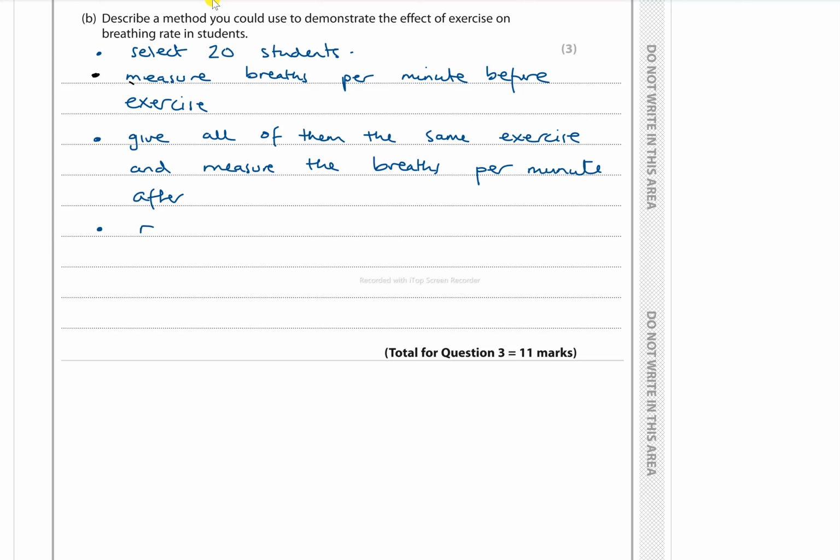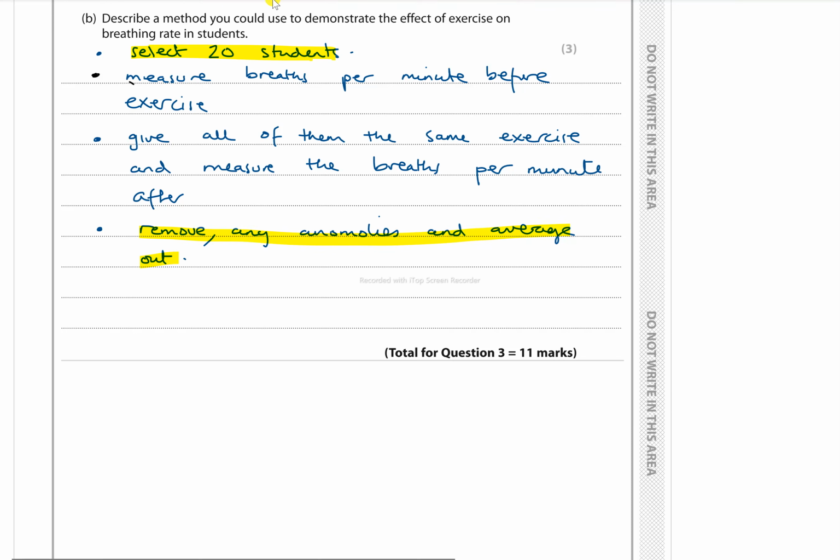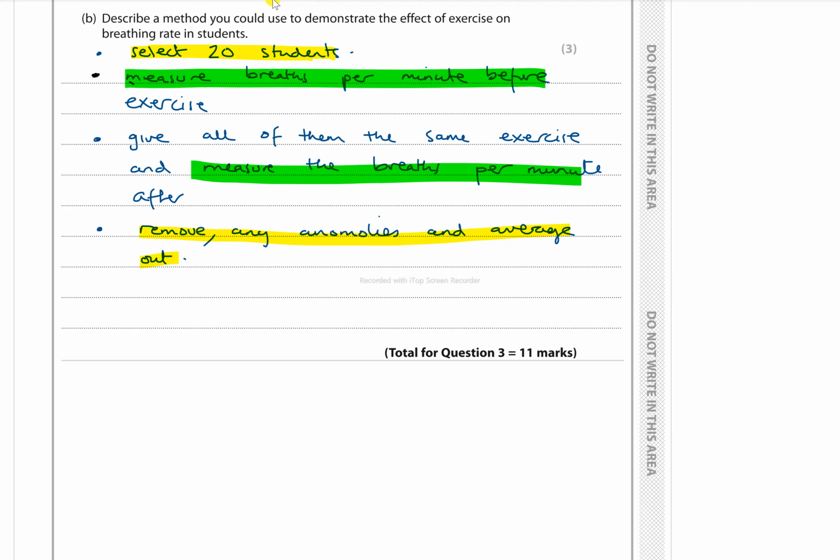What you do is remove any anomalies and average out. Look, here's the remove any anomalies and average out. Here's the breaths per minute before, and here's the breaths per minute after. And you give them all the same exercise to try to keep it fair.